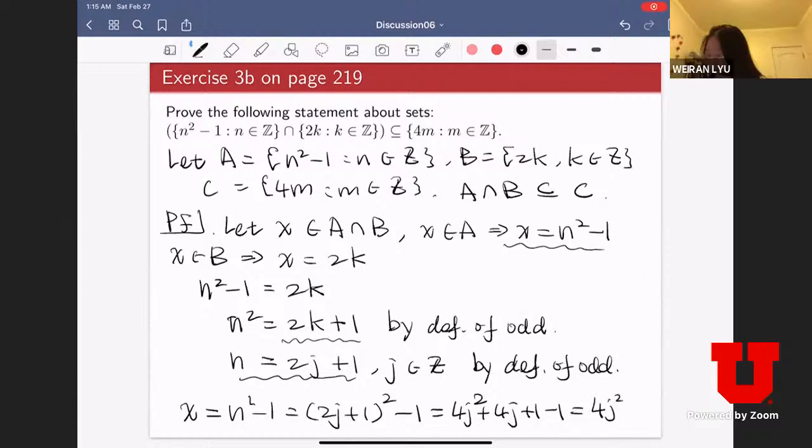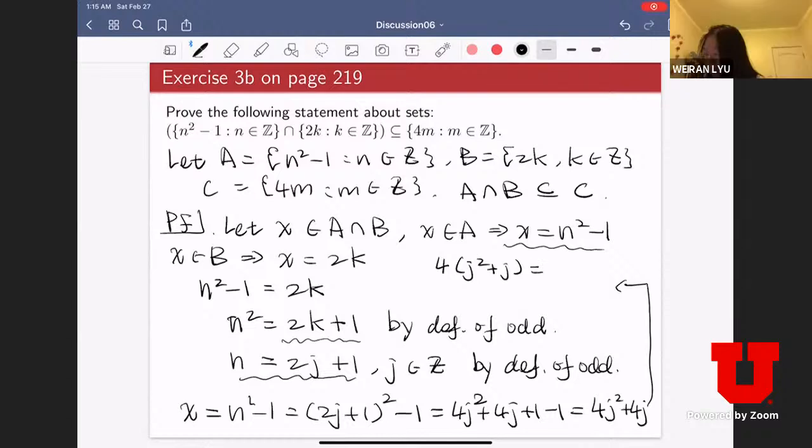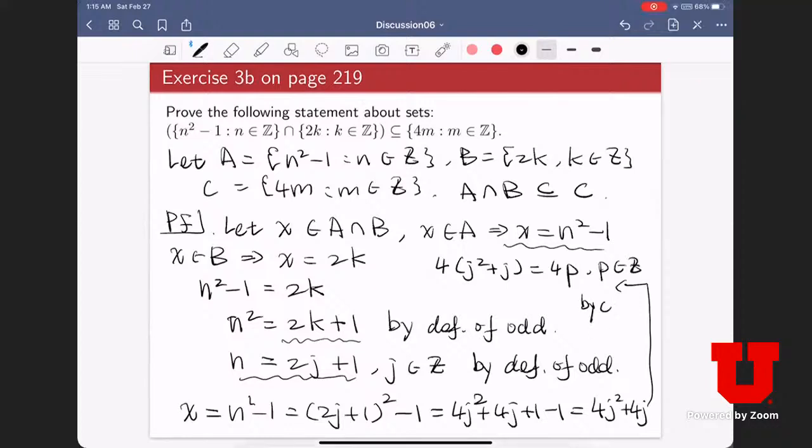And by the closure property of integers, we get the c, and the c is j squared plus j. And yep, just by the closure property. Oops.